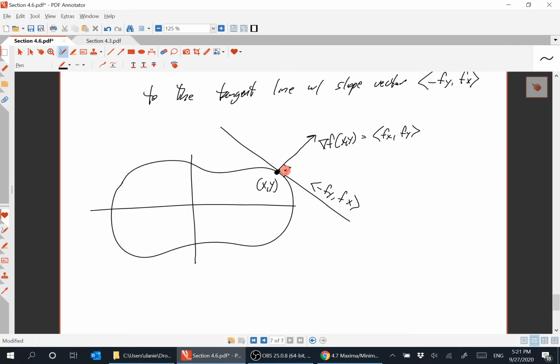And those guys are perpendicular. So the gradient vector is perpendicular to the level curves.